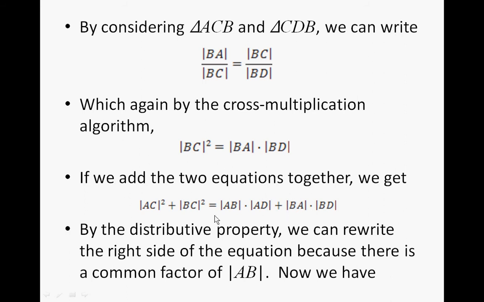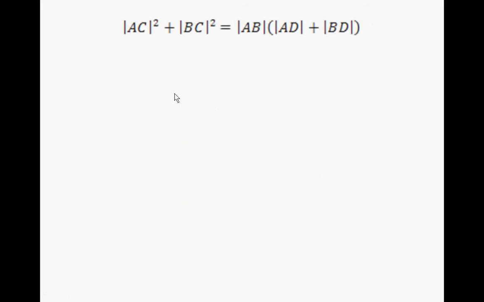It's turned around, AB and BA, but again, we're not worried about beginning and ending points, so really this segment is the same as this segment. We now have AC squared plus BC squared is equal to AB times the length of AD plus BD.